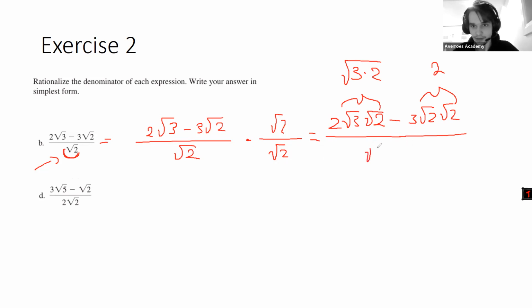And on the bottom, we have, again, the square of a square root. It's equal to 2. And I'm going to move to the next line. Basically, what we can see here, we have 2 times square root of 6 minus 3 times 2, divided by 2, right?